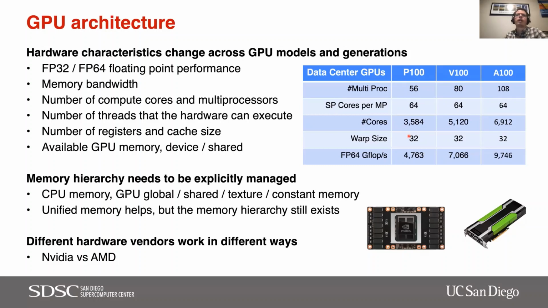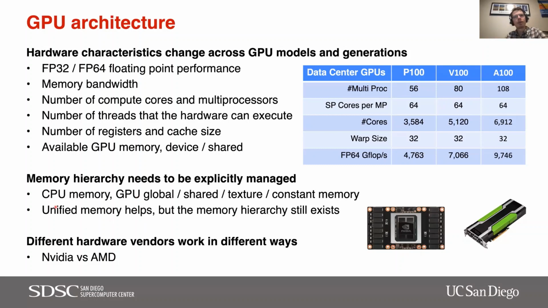Then, I already mentioned that you have to explicitly manage the memory hierarchy. So think about the CPU memory, the GPU memory, and then you have shared memory on the GPU, texture memory, constant memory. There's something called unified memory, where you don't have to think about CPU and GPU memory, and CUDA will handle it automatically for you, but the memory hierarchy still exists.